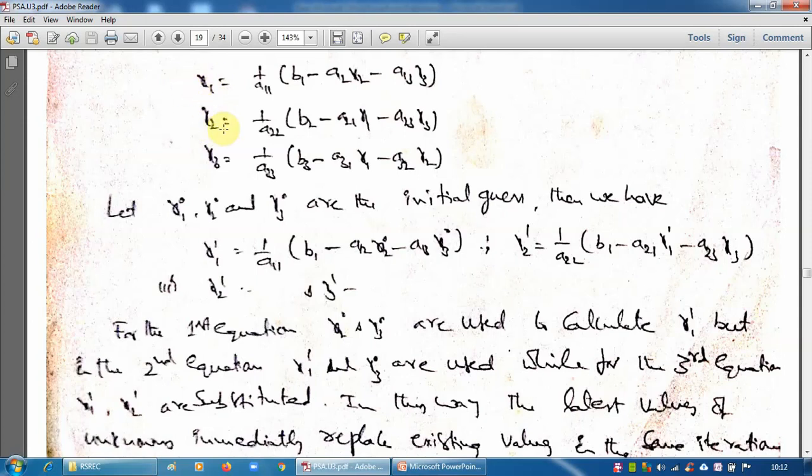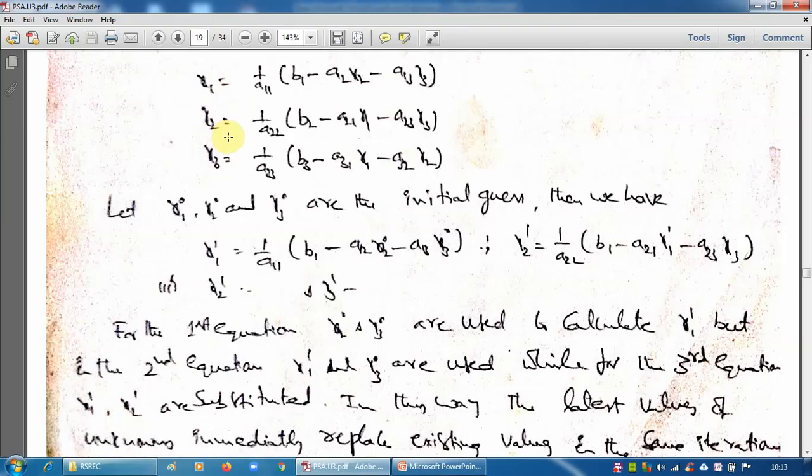Check the difference for this variable also, x2 1 and previous value x2 0. Or for example, if you are in the third iteration, check x2 of 3 and x2 of 2, the difference. Similarly, for all the variables, check the difference.